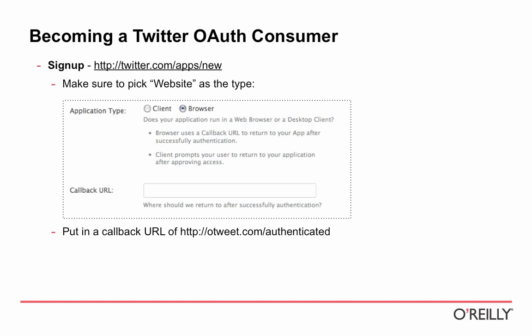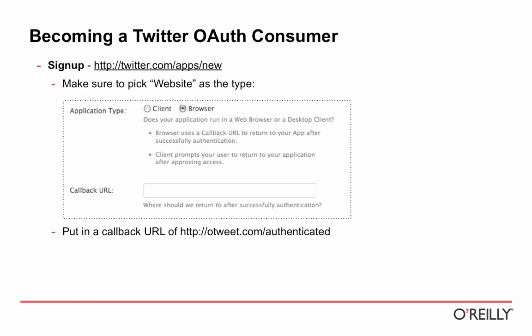And all the user has to do is sign in and press OK or allow or something. I think that's the button name on the Twitter web view. So we can do all that. That'll be the interesting Android SDK part of that first week, where we intercept that redirection from Twitter to otweet.com authenticated, and then kick off the next part of the authentication process. So those are two important steps there.